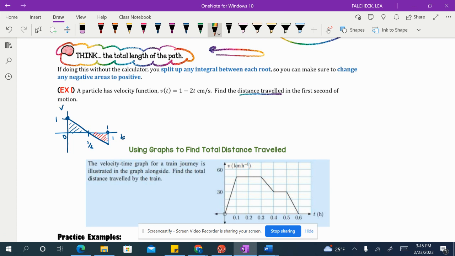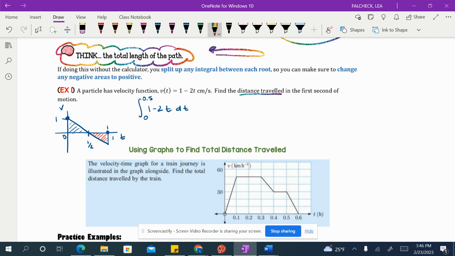So I already have the sketch here to save a little bit of time, but we started when time is 0, and then this guy started up here and moved all the way down to here when time was equal to 1. So if you'll notice, this area right here below the x-axis is going to be negative. So in order to account for that, when we're setting up our integral, we set this up from 0 to the first root, and then we have the function inside.